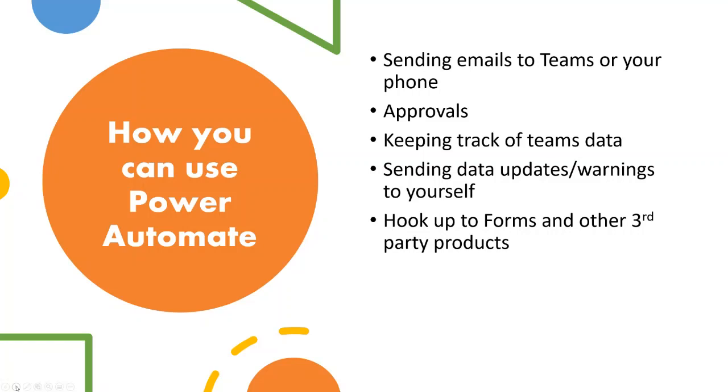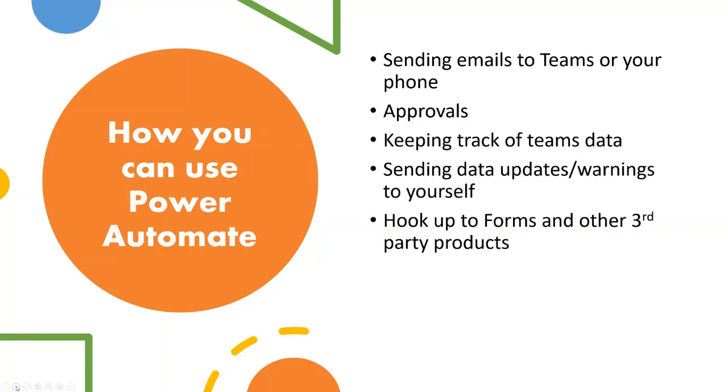You can send different data updates from Power BI to Teams. You could hook up your forms and send that to Excel. And you can also hook up other third-party applications. Gmail has a bunch of different connectors in Power Automate. And all of these are built through different triggers and actions between each other.